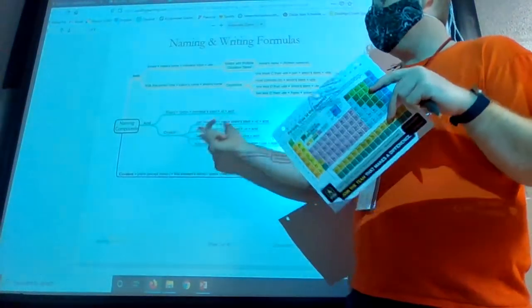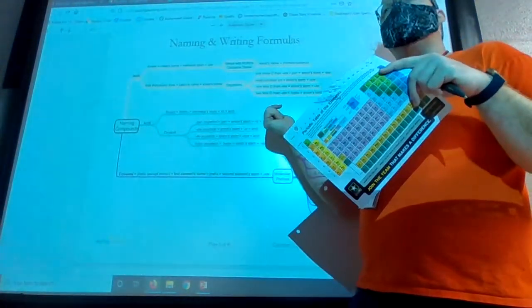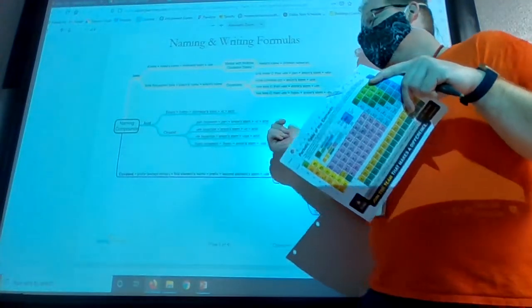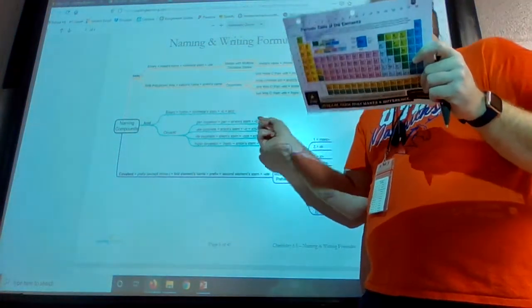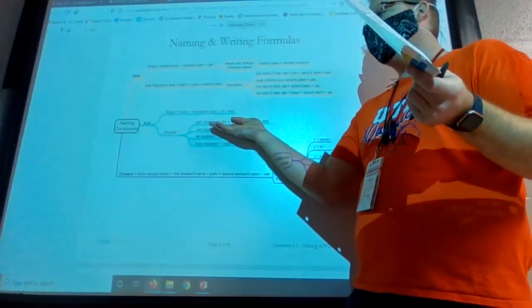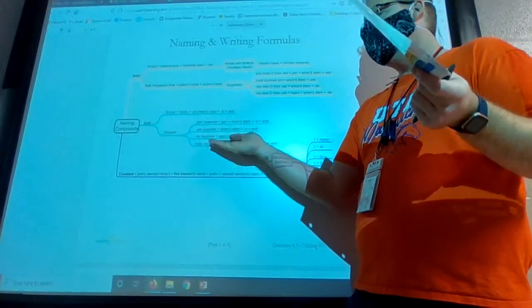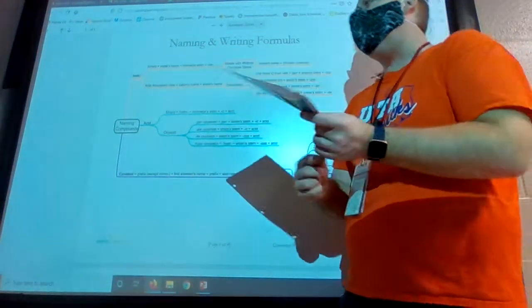If it has oxygen, you go through this step down, which is just like the other one. Per has the most, and you can write that on your sheet. Most up top, least on the bottom, and almost all the time it goes 4, 3, 2, 1 as far as number of oxygens. So the top one would have 4 oxygens, 3, 2, 1. So you can use this to name your different elements.